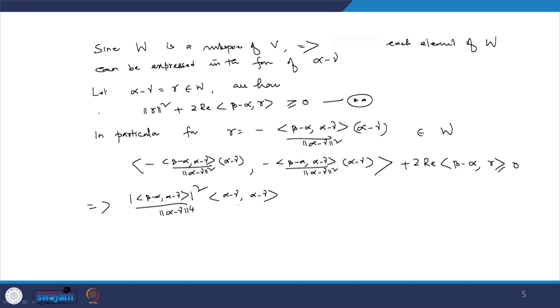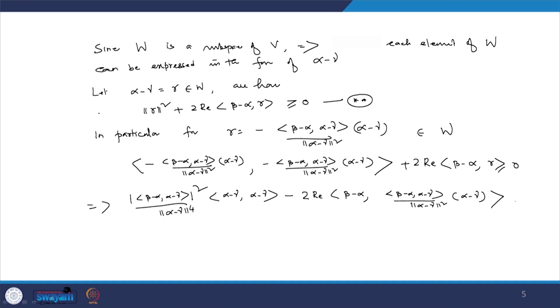So this will be there, minus 2 times, even if I take real for the time being, let me write down real, no problem. So I will have the inner product of beta minus alpha, and here I will have the inner product of beta minus alpha, alpha minus gamma, divided by norm of alpha minus gamma whole square, and the vector alpha minus gamma. So this one.